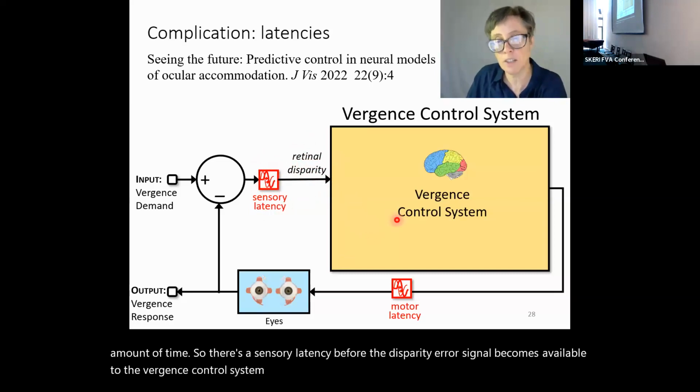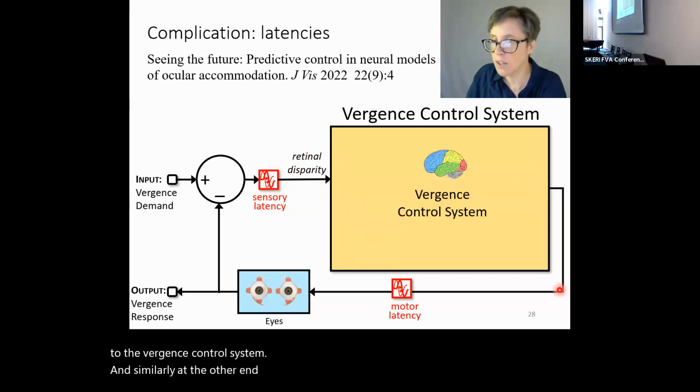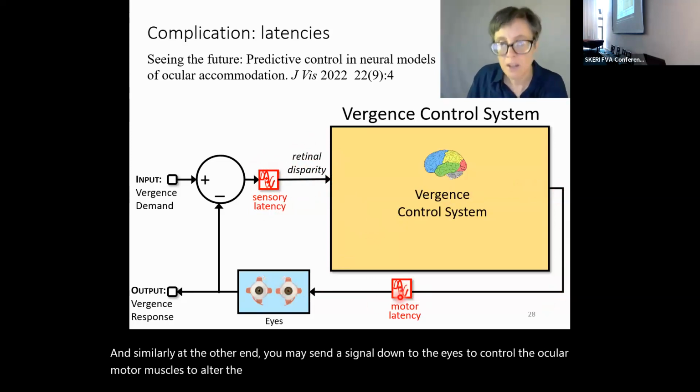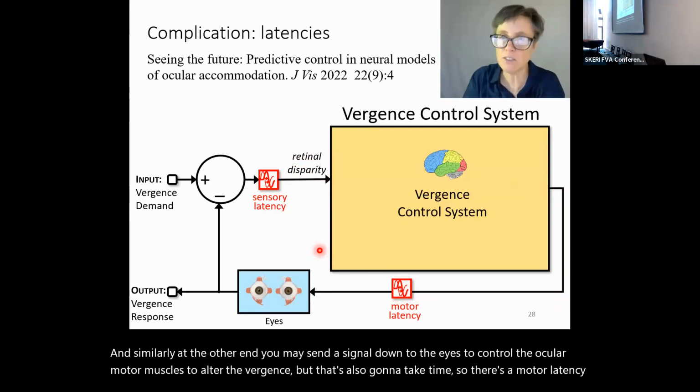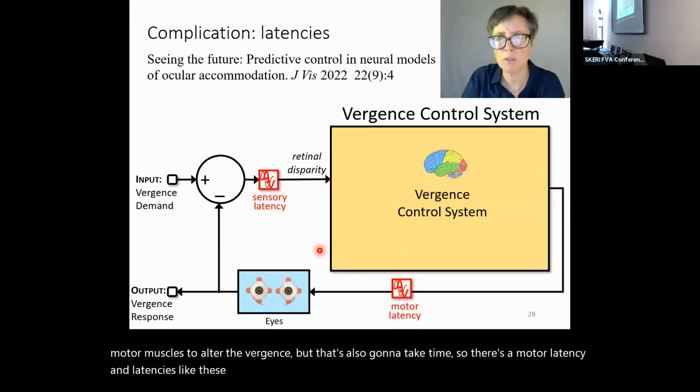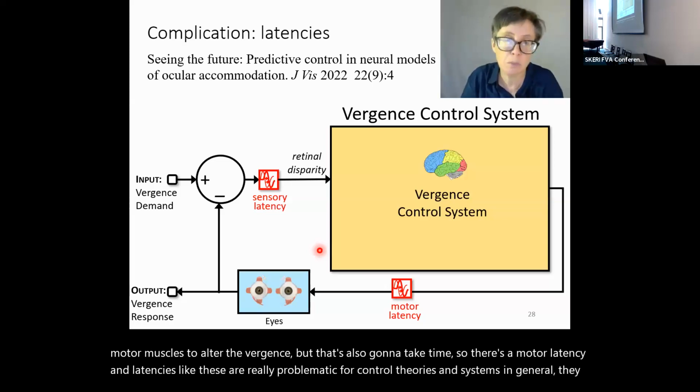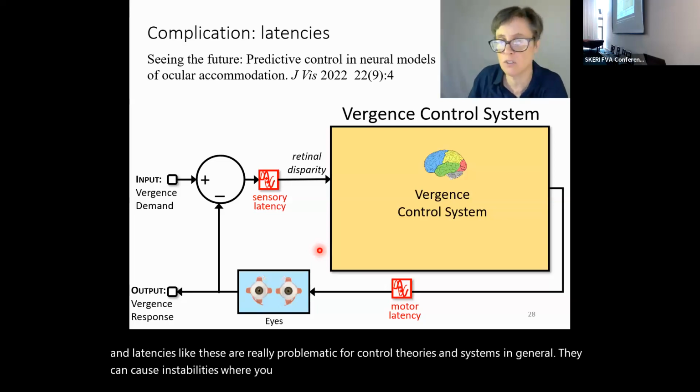Similarly, at the other end, you may send a signal down to the eyes to control the oculomotor muscles to alter the Vergence, but that also takes time, so there's a motor latency. Latencies like these are really problematic for control theory systems in general. They can cause instabilities where you overshoot, and it's just generally a bad thing.